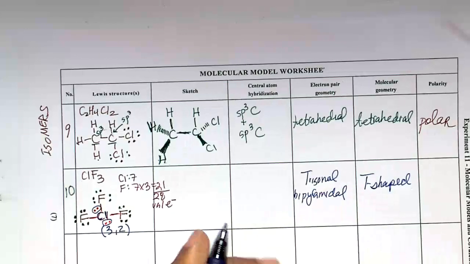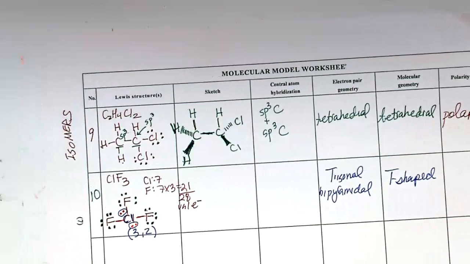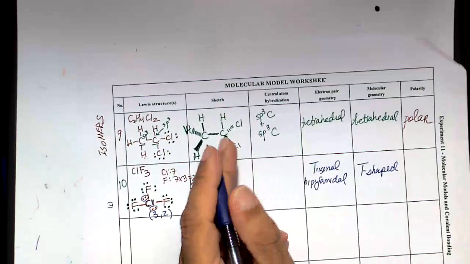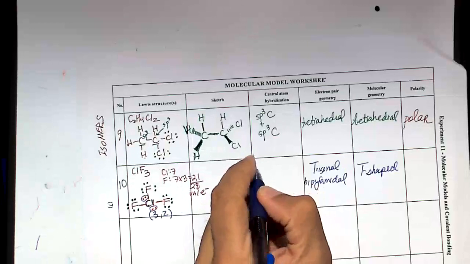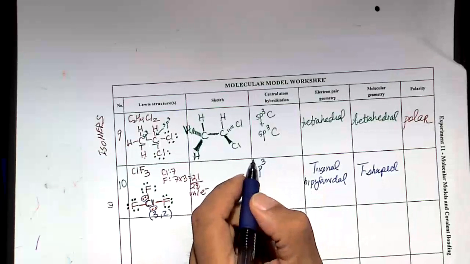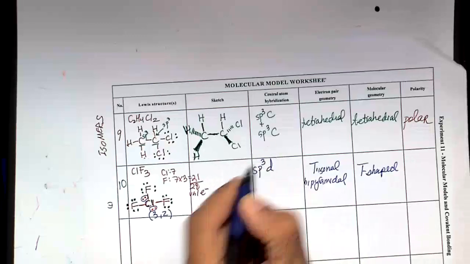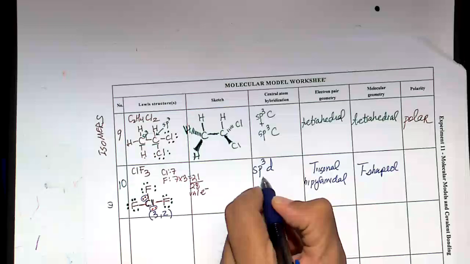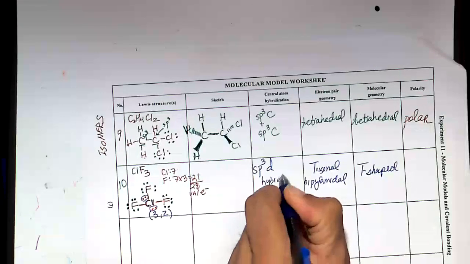And what's the central atom hybridization? 3 plus 2 is 5. So we will take 1 from s, 3 from p, and 1 from d. That's a total of 5. So this is an sp3d hybridized chlorine.